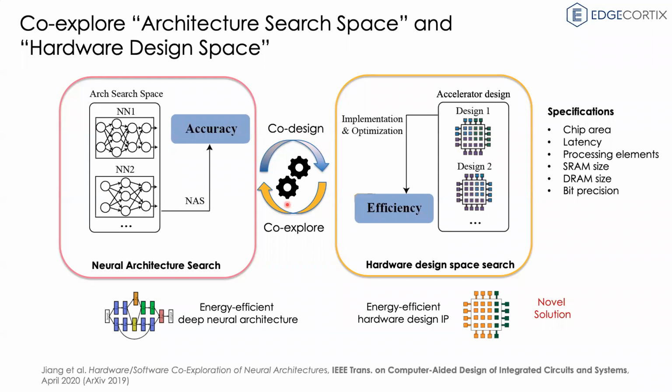You continue doing this multiple times until you find a solution that satisfies both your accuracy constraints as well as your efficiency constraints, which come from the specifications you have already provided for your edge device. And at the end of the day, you end up with both an energy efficient neural architecture as well as an energy efficient hardware design.